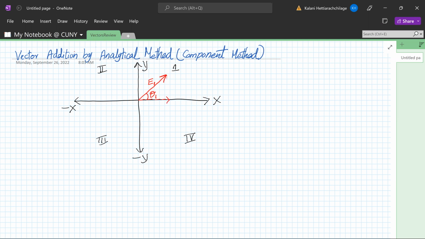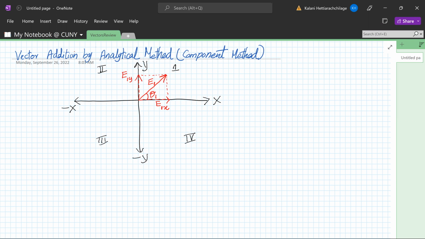Basically, if you complete this parallelogram, you have these two side lengths, and a parallelogram has opposite sides equal, right? So these two sides are what we call the projection of the E1 vector, or the component of the E1 vector. This is the E1 x component, and this is the E1 y component.